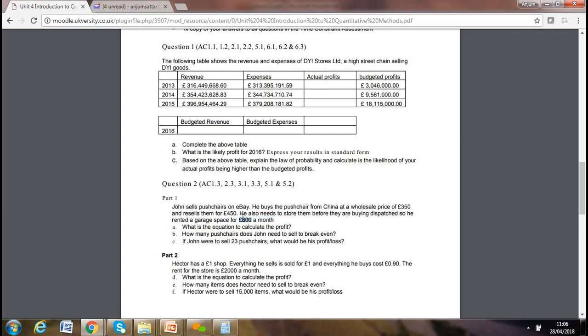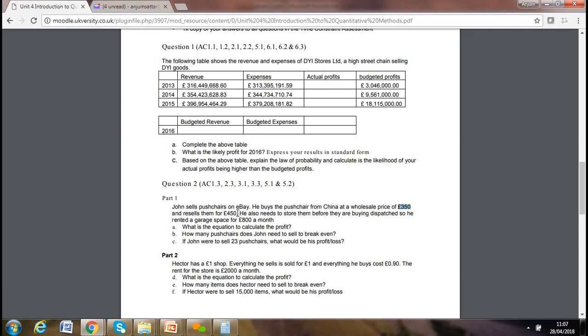If we sell 8 units approximately, we'll be at break even. What is the selling price? Wholesale cost is 350. I thought we were discussing part A, where the requirement is an equation to calculate the profit.